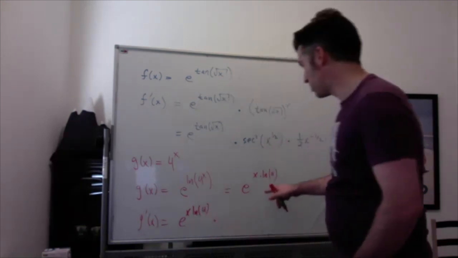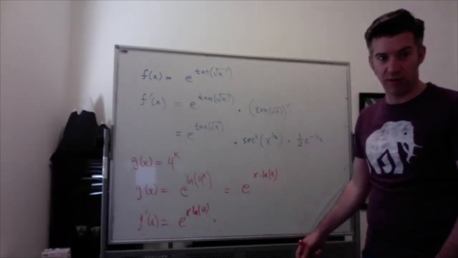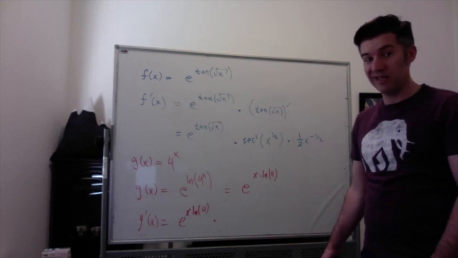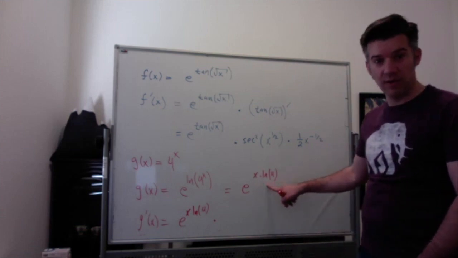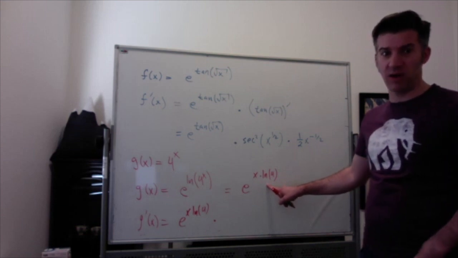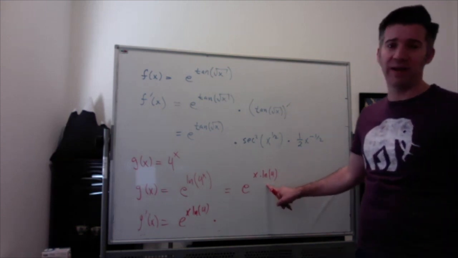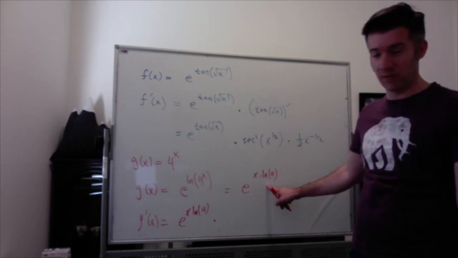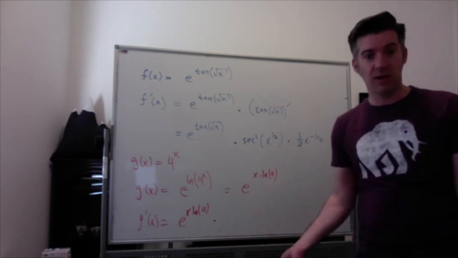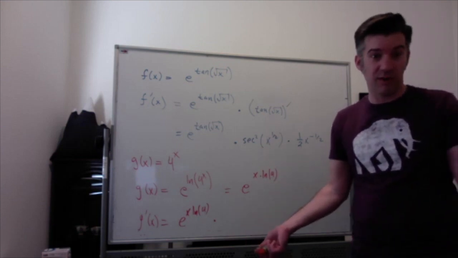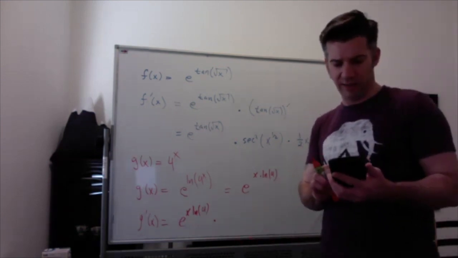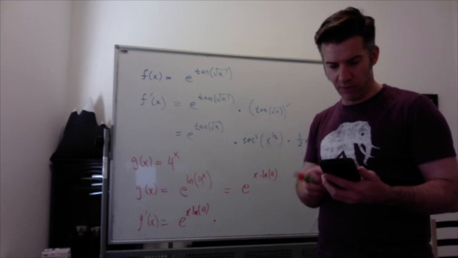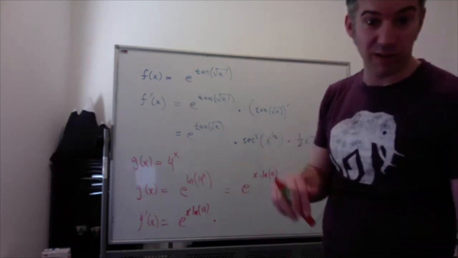times, all right, what's the derivative of x times natural log of 4? Well, that's just x times a constant. Natural log of a number is just a constant, right? If you plug in natural log of 4 to your calculator, you get approximately 1.38.